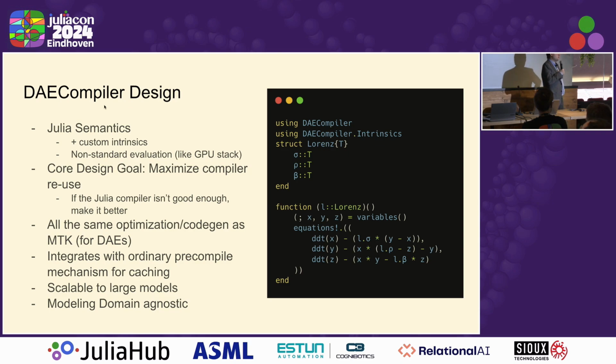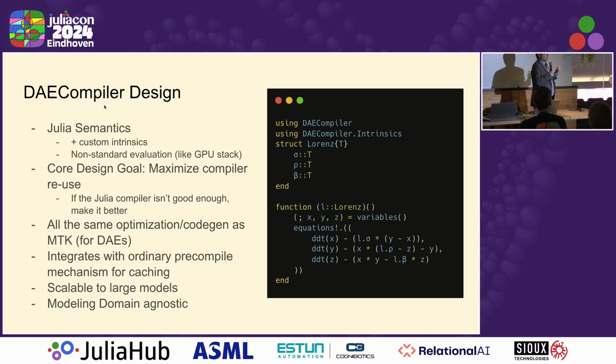So there are some parts of Julia's dynamism that you can't use, but in general, it's supposed to behave as much as possible like standard Julia code. You can kind of think of it as taking the raw DiffEq.jl representation and just doing the minimal tweaks to it to enable the structural optimizations and to enable this compositionality.